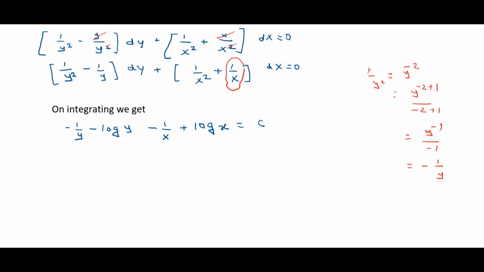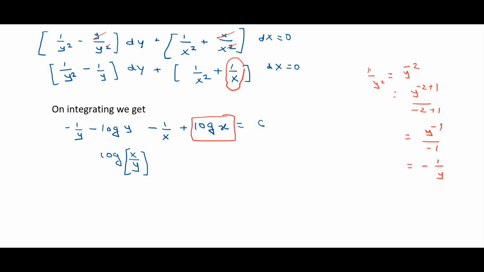So here I will write this: minus log y plus log x means log x minus log y. By using the logarithmic property we can write it as log x divided by y. Write down the remaining terms.